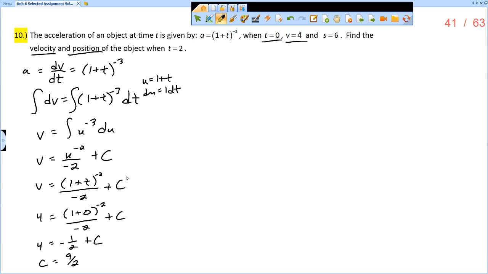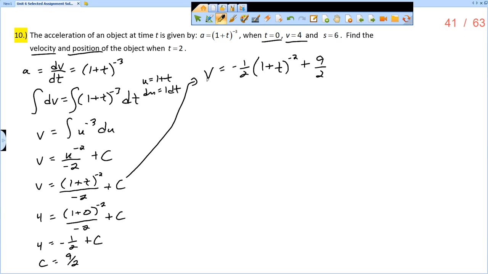So what does that mean? That means that v is equal to, and I'm going to put that negative 1 half in front instead of dividing by negative 2, negative 1 half times (1 plus t) to the negative second, and then plus 9 halves. So that is v.